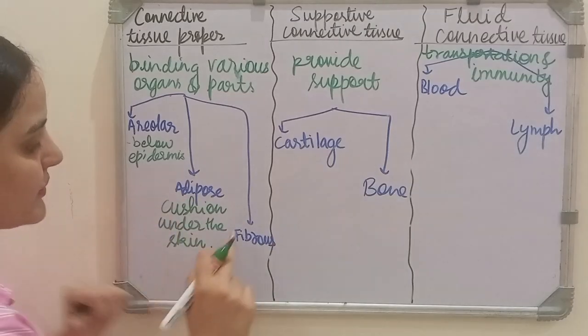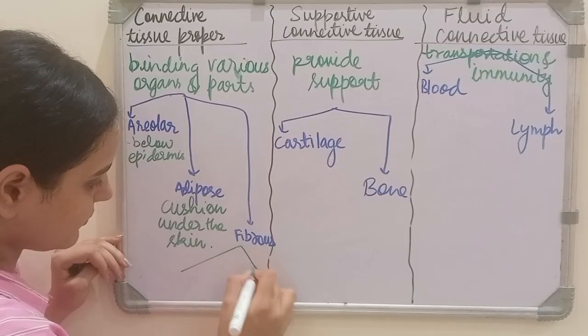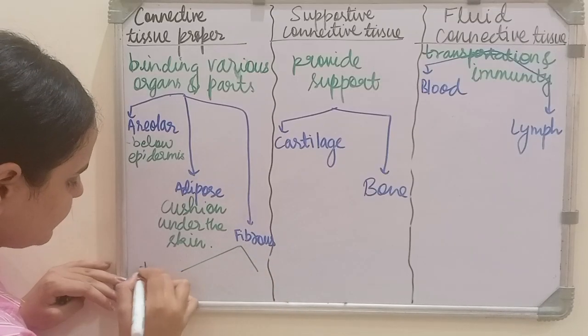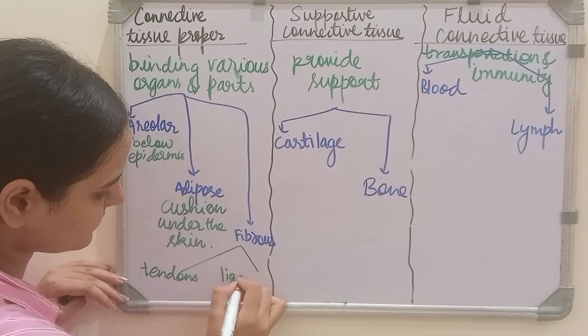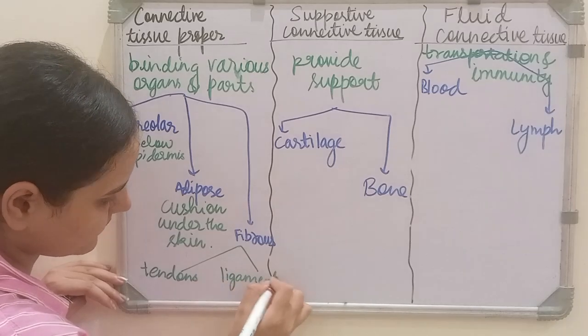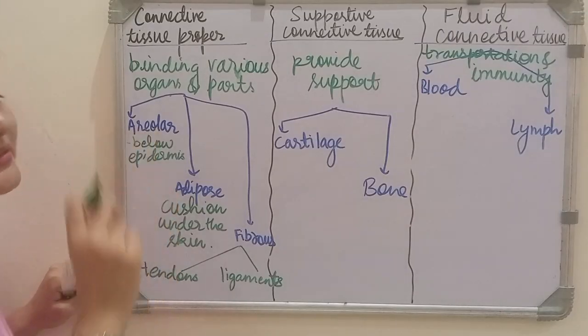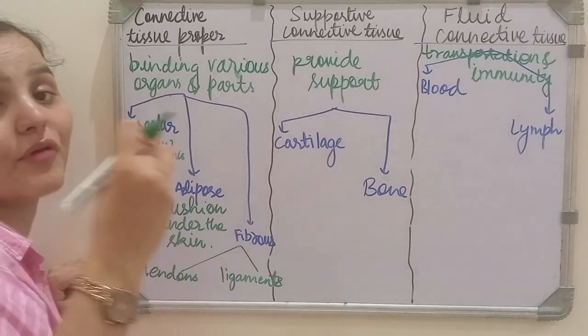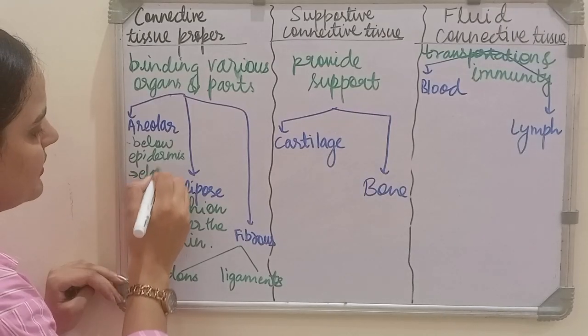Fibrous connective tissue is further divided into two: one is tendons and the other is ligaments. Now let's see the function. Areolar connective tissue gives elasticity to the skin.